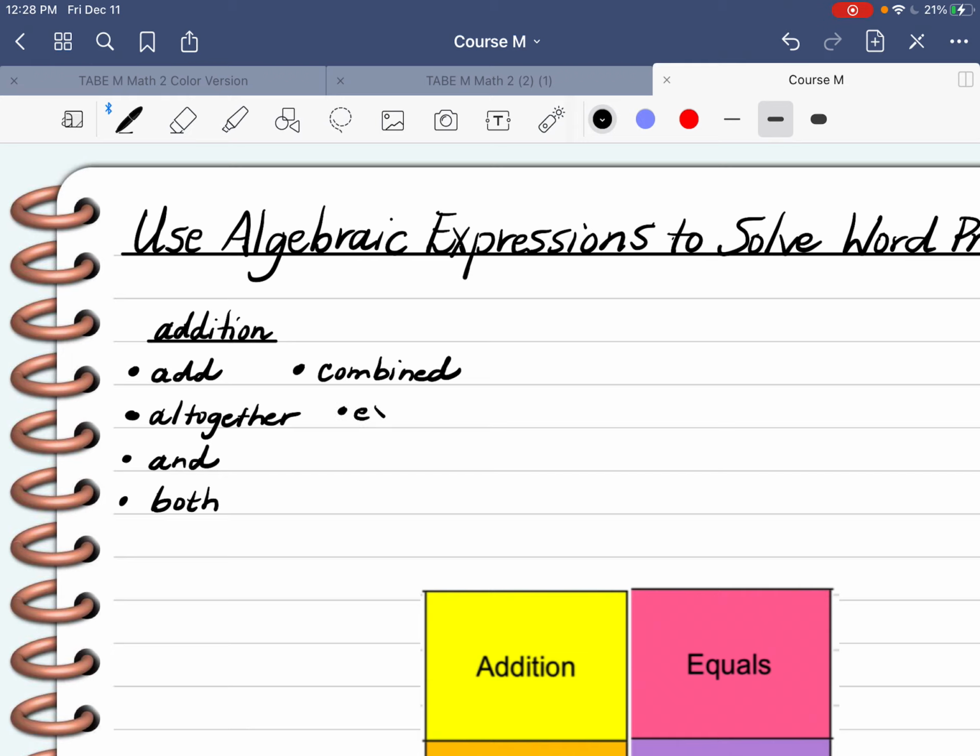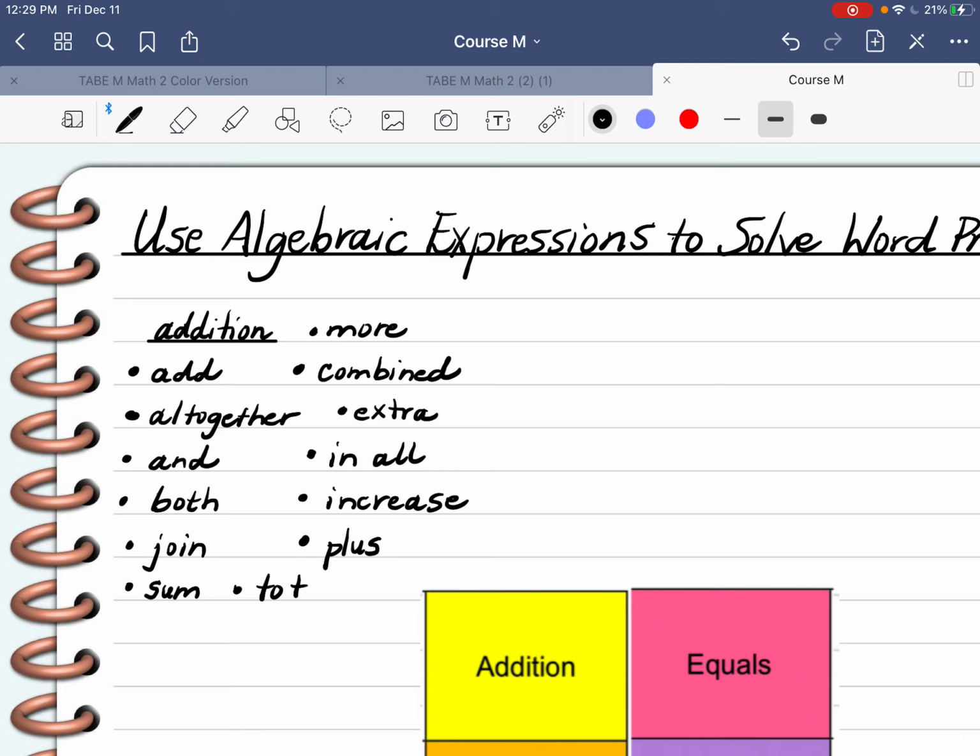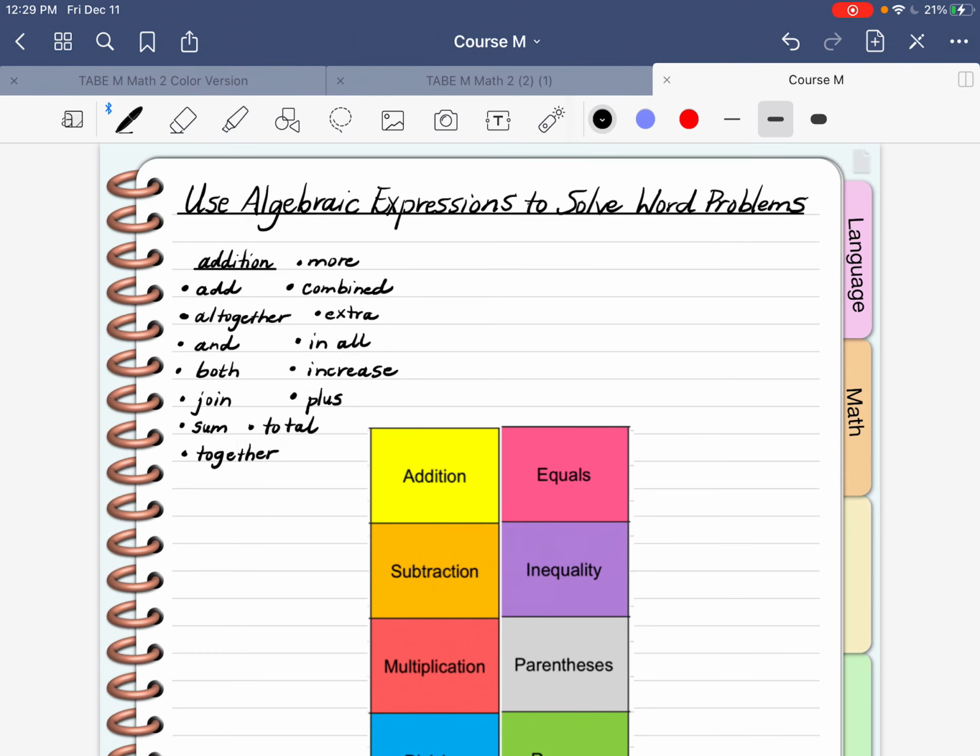Extra, in all, increase, join, more, plus, sum, S-U-M, total, and one more, together. Those are the addition words.